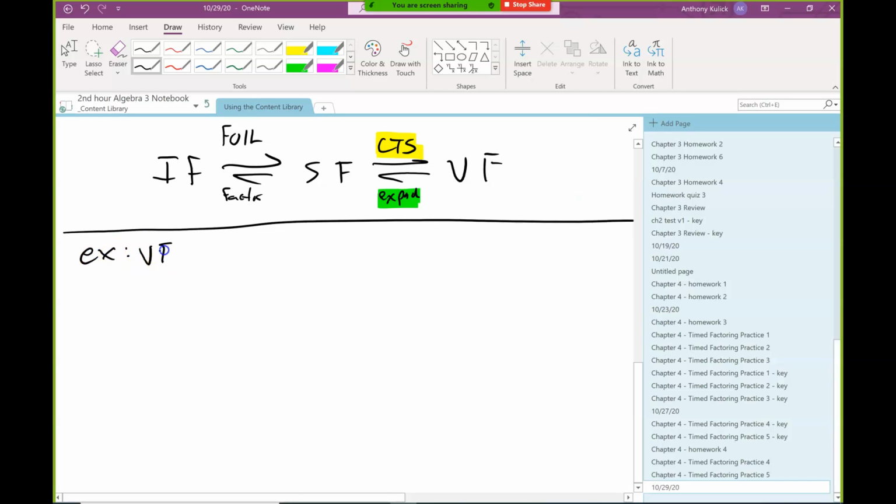So here we're going to look at a situation. So that's the expanding. Let's say that our vertex form polynomial is x plus 3 squared minus 5.